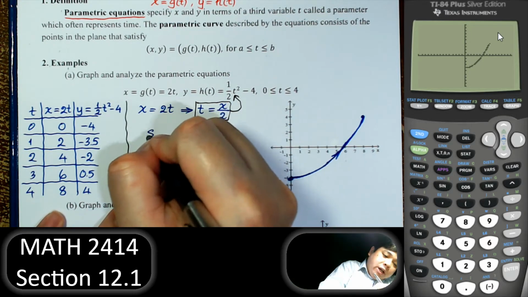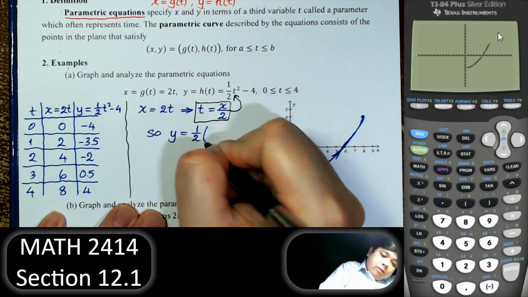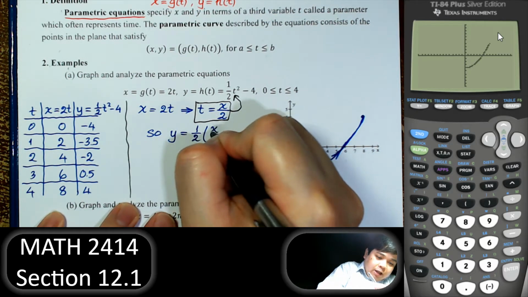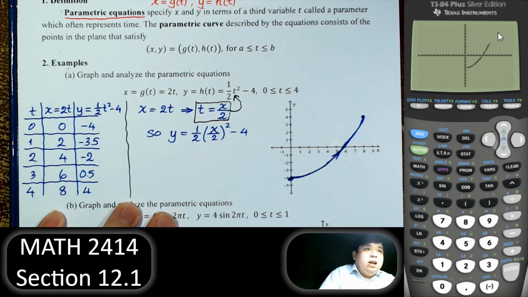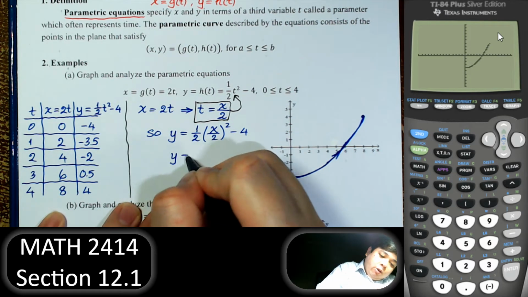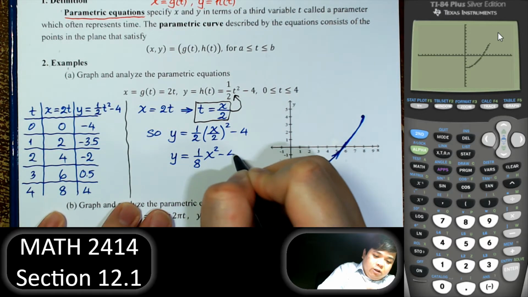So y will be equal to 1/2 times (x over 2) squared minus 4. Multiply that out, and we have y equals 1 over 8 x squared minus 4.